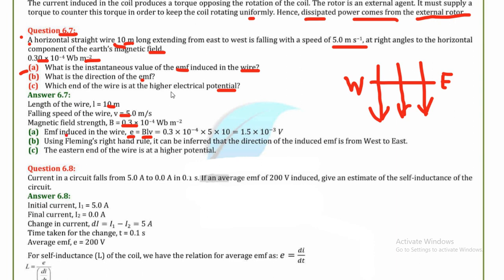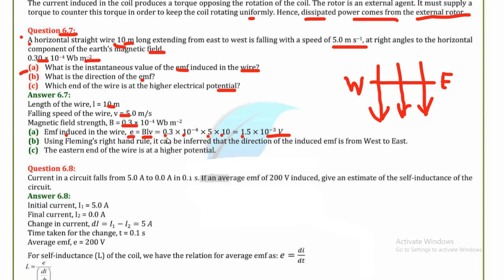So after substituting the values of B, L and V, this is 0.3 into 10 to the power minus 4, then the value of V, that is 5 meter per second, and the value of length, that is 10 meter. So the calculation is very simple here. After calculation you will get 1.5 into 10 to the power minus 3 volt.